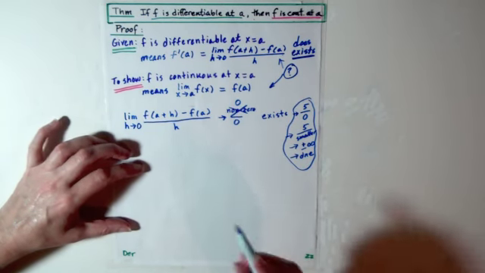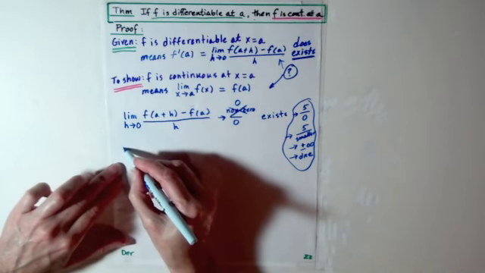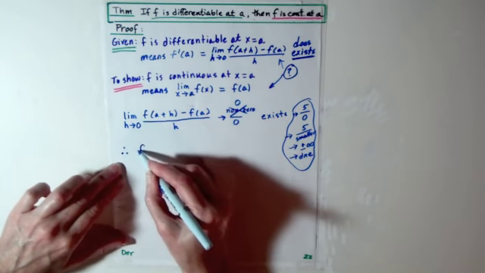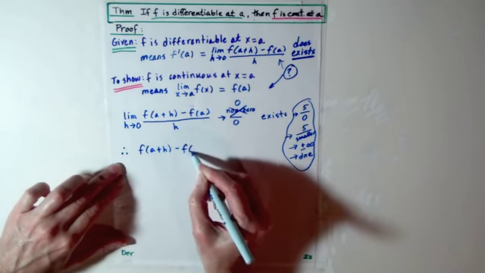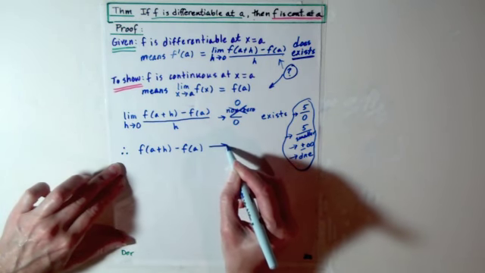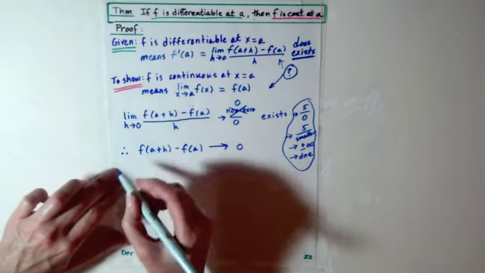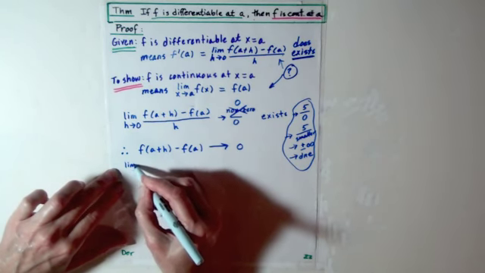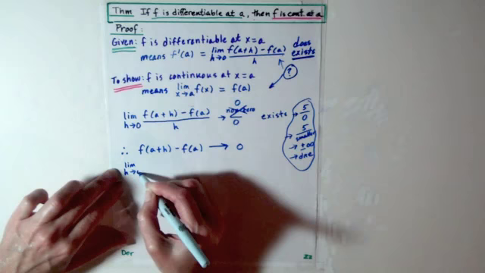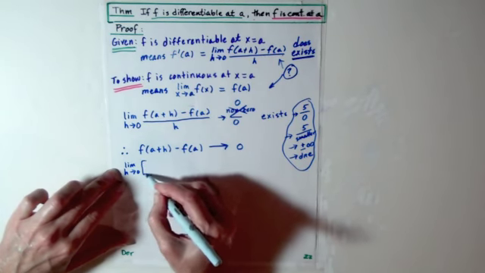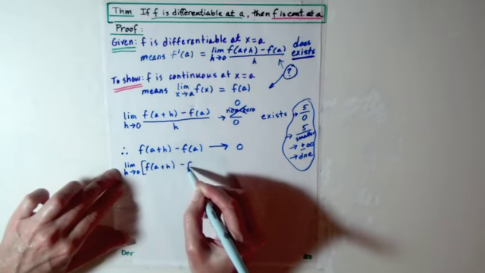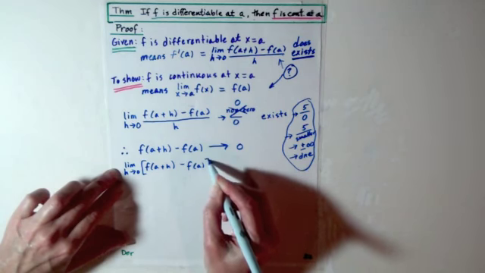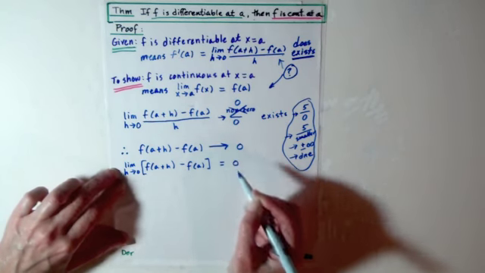So what if we said, I'm going to put therefore the numerator of my expression must be going towards 0. A nicer way of saying that, a little bit more proper, is to say the limit as h approaches 0 of the numerator must be equal to 0.